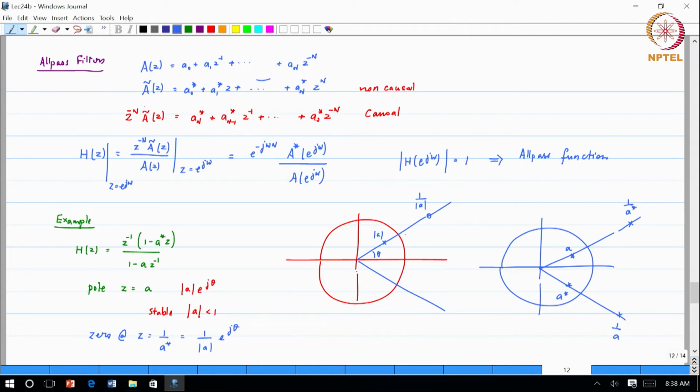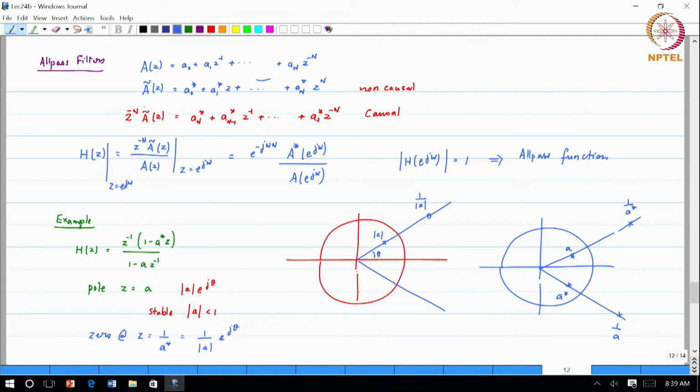And again in chapter 5 of Oppenheim and Schafer, you would have looked at frequency response. How do you look at frequency response? Distance from the zero, distance from the pole, take the ratio of that. When they are at reciprocal points, the ratio of those distances is always maintained. So wherever you go on the unit circle, the ratio of the distances is maintained, and therefore you get a constant value.